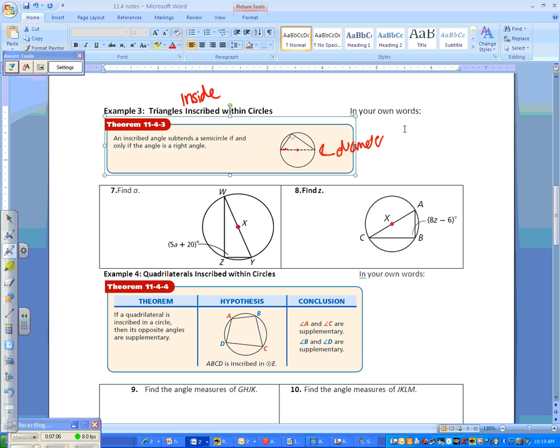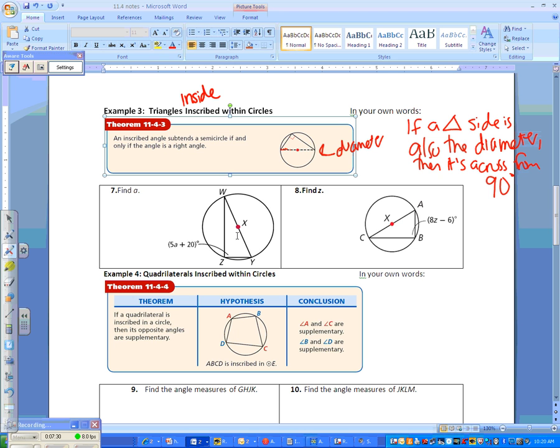Okay, so in my own words, what I would say is, if a triangle side is also the diameter of a circle, then it's across from 90 degrees. Or you could say it's the hypotenuse. All right? So that's really important.